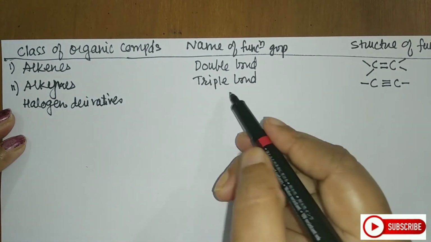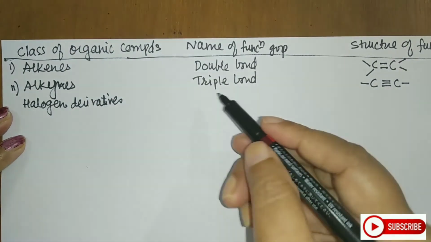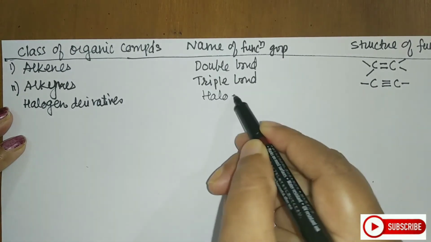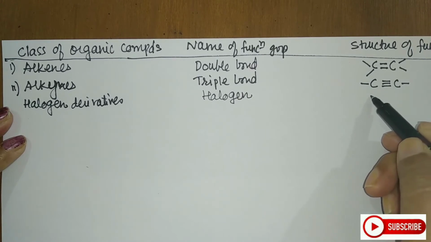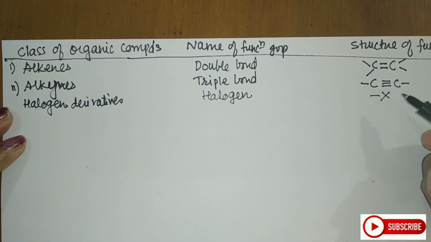How you name this functional group is simply halogen. How will I represent this? I will just attach it by X. What is the meaning of this X, students? It can be fluorine, chlorine, bromine or iodine.